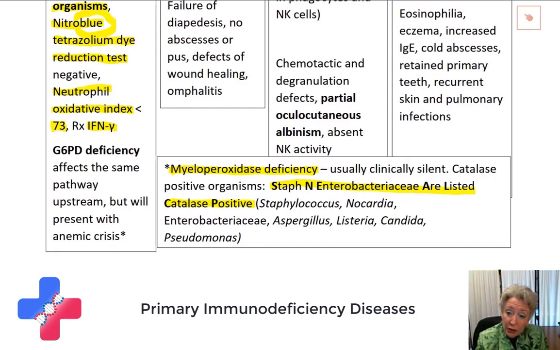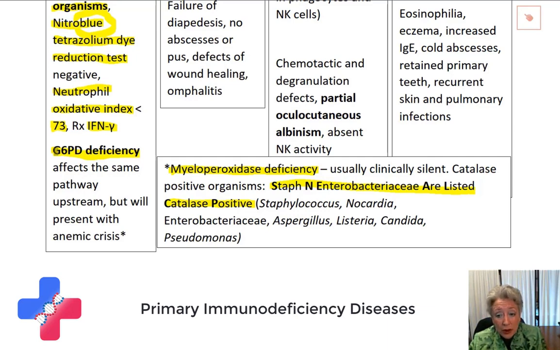Now, remember from your biochemistry that if I had a problem with G6PD deficiency, that would span downstream to causing the same problems with the inability to generate NADPH oxidase.